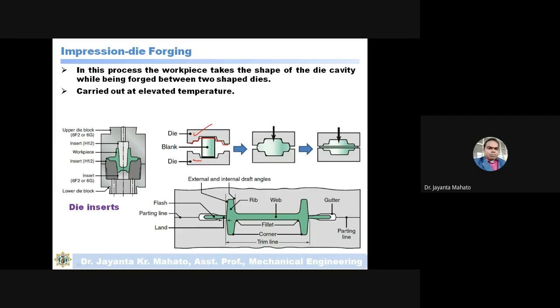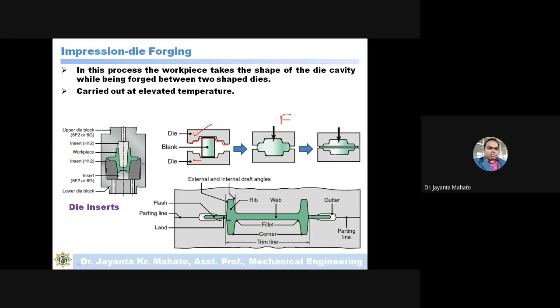According to this shape, after the forging operation, by applying a compressive force, the material will get compressed and take the shape of the die. So this is the impression die forging process.